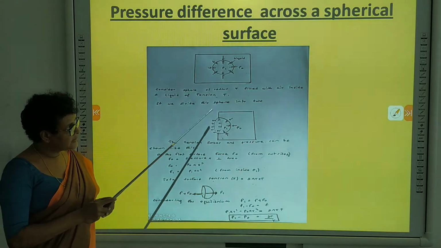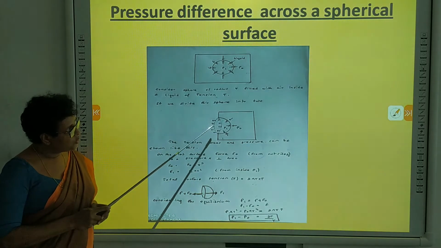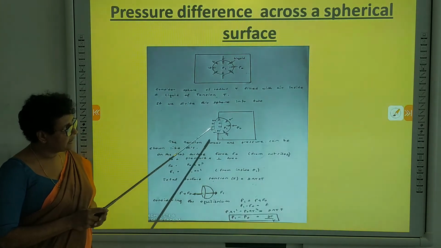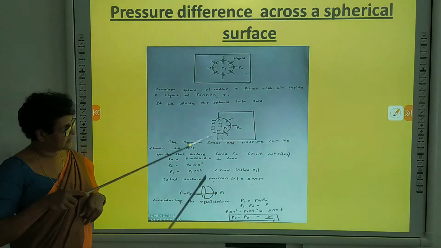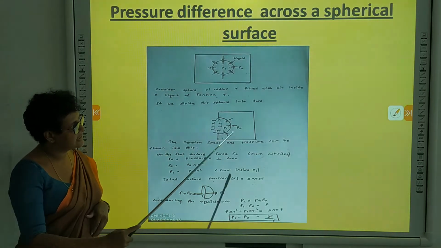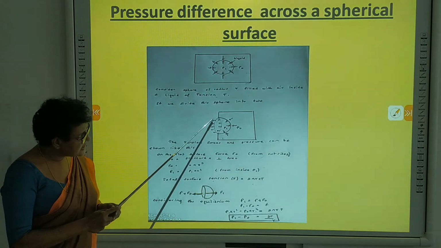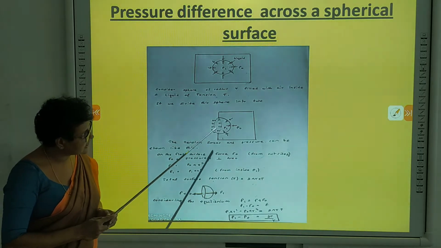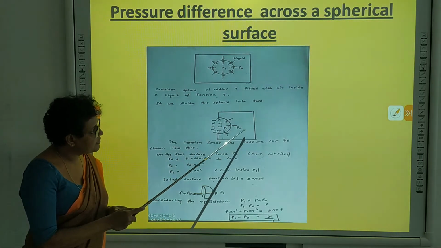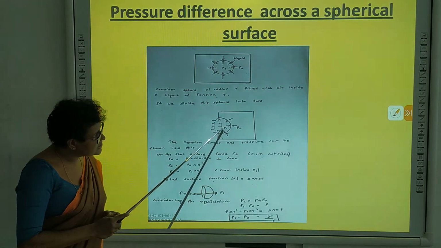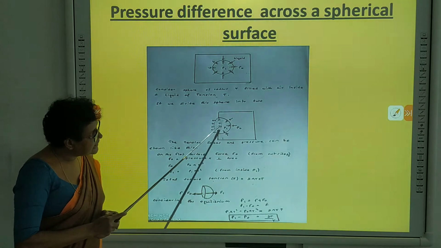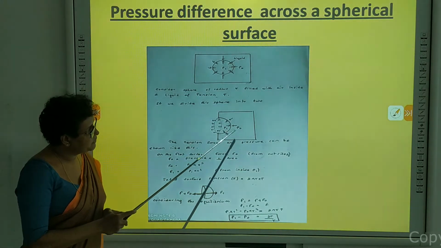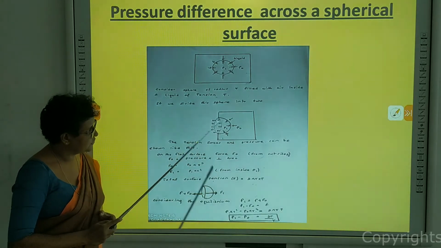If you split this bubble into two, you will cancel all the vertical forces. Cancel, but only the horizontal forces remain like this. These are the surface tension forces, and these are pressure from the liquid, and this is pressure from the bubble inside, right? P1, P0, and these are tension forces.